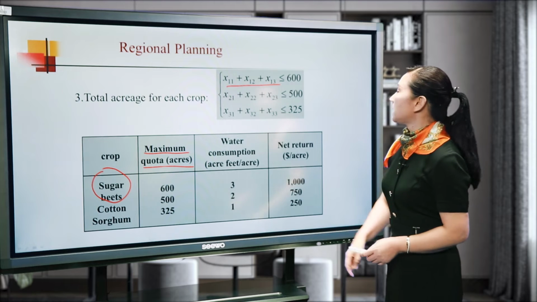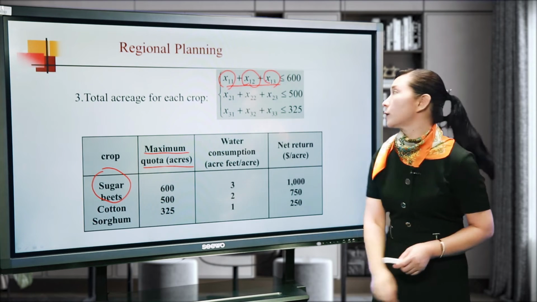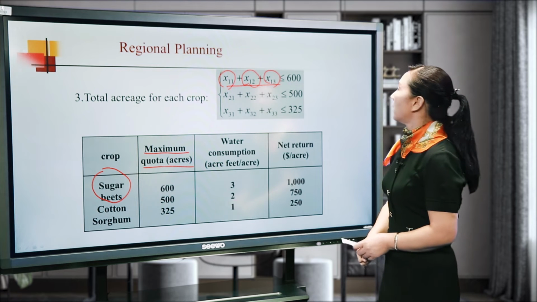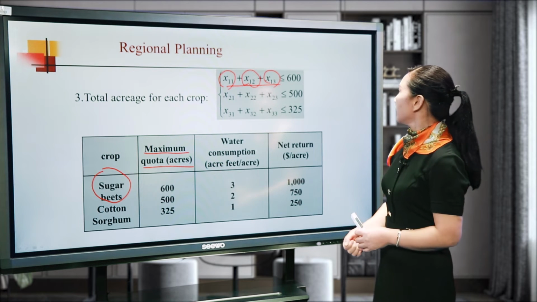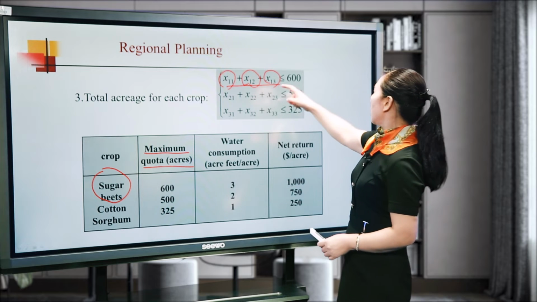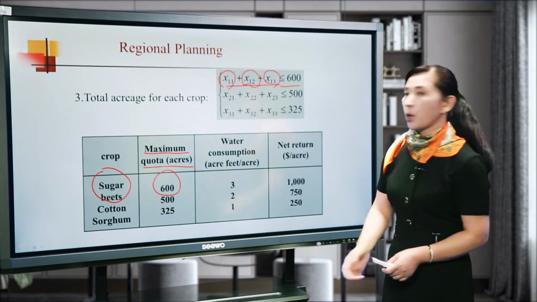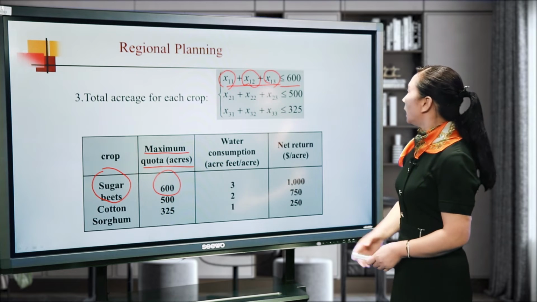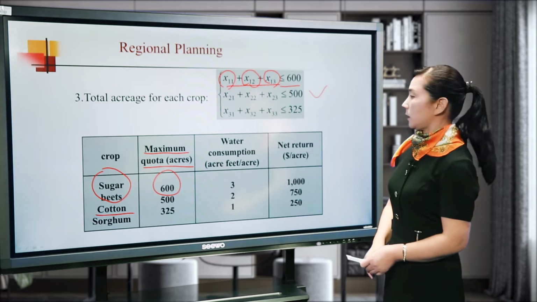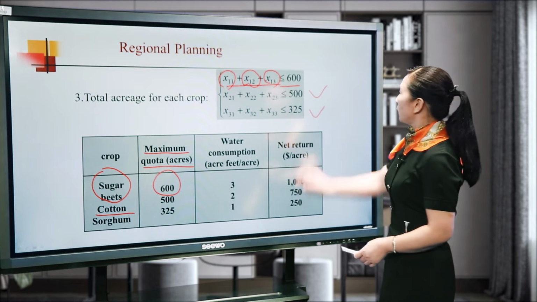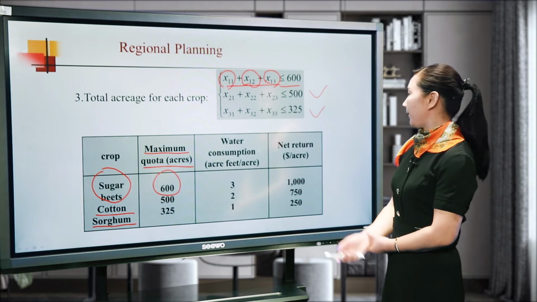Sugar beets planted in kibbutz 1, kibbutz 2, and kibbutz 3, and we add the planted acres together, less than or equal to 600. This is the maximum total. And this is cotton, with its planted land limit, and this inequality is for sugar, its planted land limit.